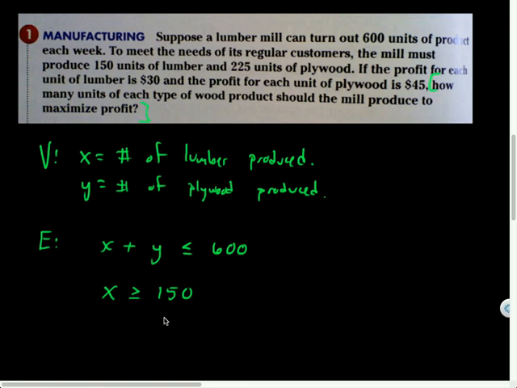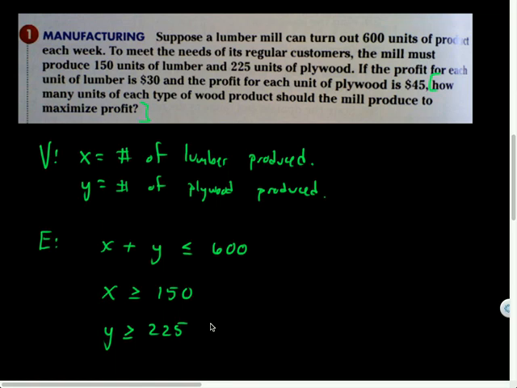It's got to be at least that much, right? To meet the needs of our customers. And then there must be 225 units of plywood. So Y has to be greater than or equal to 225. So those end up being my inequalities.